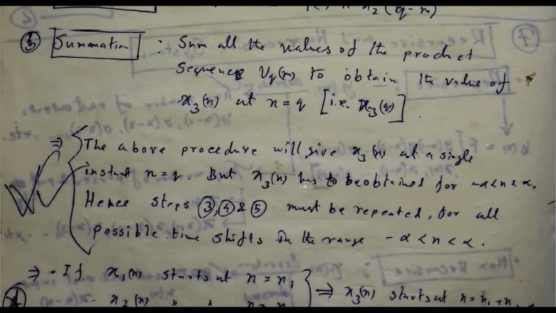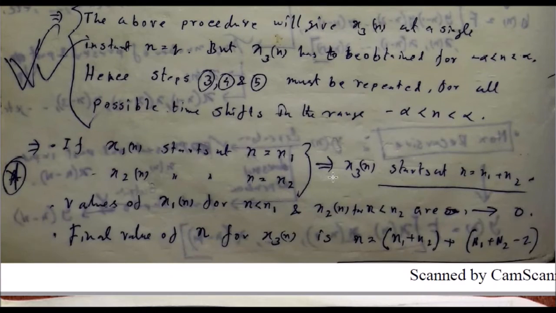Now you have to change the q value from the start of the convolved signal up to the end of the convolved signal. How can you obtain the point where x3 will start? It can be obtained by this rule: if the starting time index of x1 is n1 and the starting time index of x2 is n2, then surely the starting time index of x3 will be n1 plus n2.